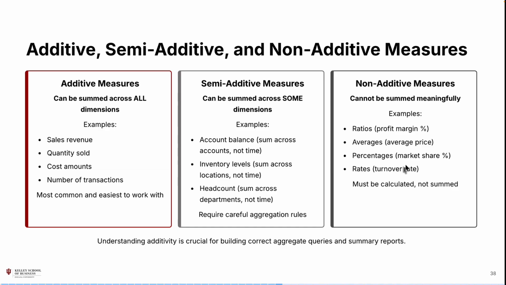Semi-additive measures can be summed across some dimensions, but not usually the time dimension. So for example, inventory levels or account balances. Non-additive measures cannot be summarized, and these include averages or ratios like profit margin percentage. They must be calculated on the fly.